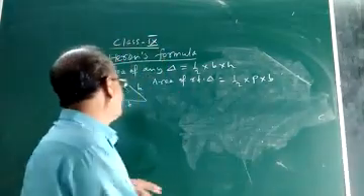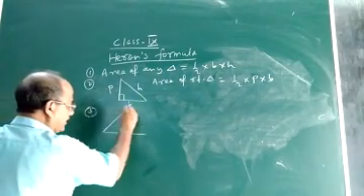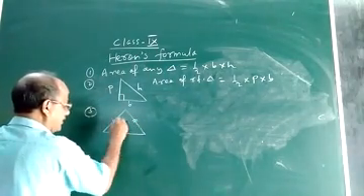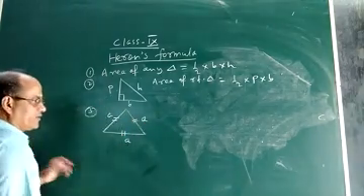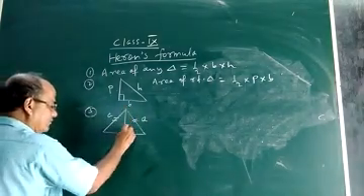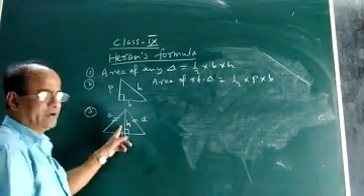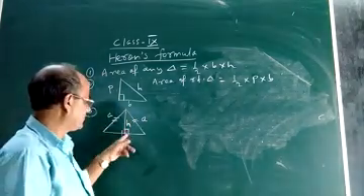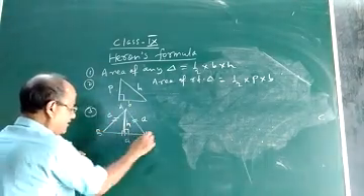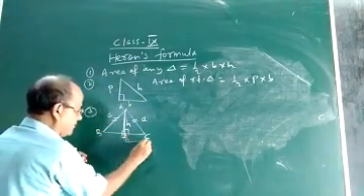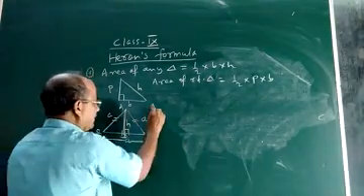Okay. Now, suppose you are given an equilateral triangle. You know in an equilateral triangle, all the three sides are equal. Suppose the length of each side is A. You see, this is the altitude. Suppose this is H. Like perpendicular means it is altitude. Suppose A, B, C. The length of each side of this equilateral triangle, suppose A. Then what will be the area of the equilateral triangle?